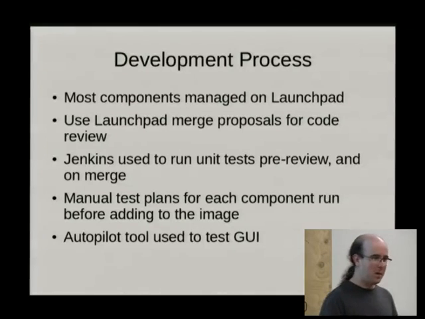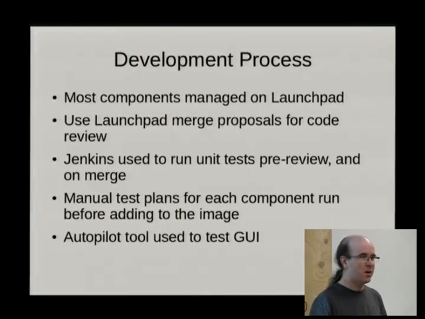Now, we also use Jenkins to handle the merges into the trunk branches of all these projects as well. So rather than developers explicitly pushing up to these branches, they're all handled by robot processors.